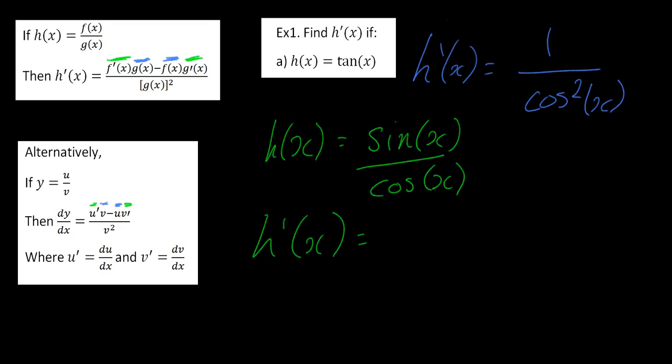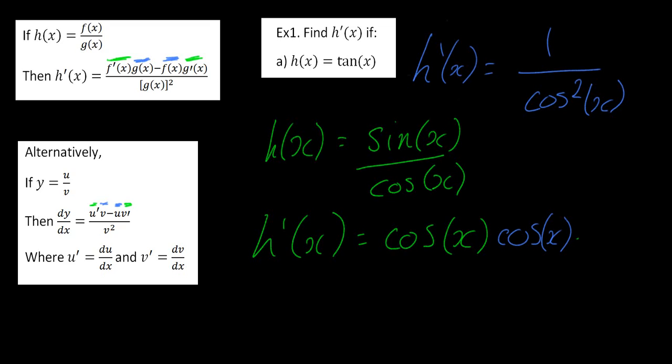to take the derivative of the numerator first. So I'm going to do this in green. We're going to have the derivative of sine x, which is cos x, and then we're going to leave the denominator. So g of x comes next. Cos x. After that, we're going to leave our numerator.